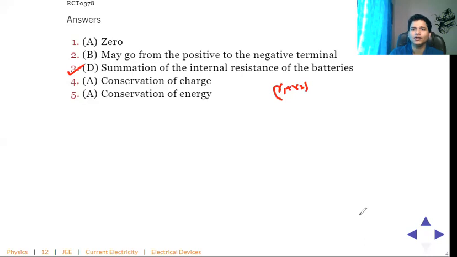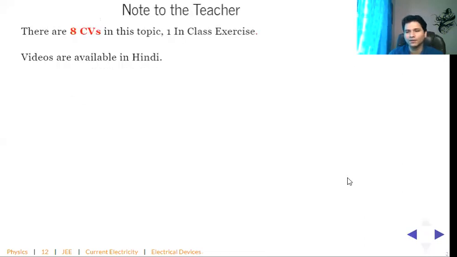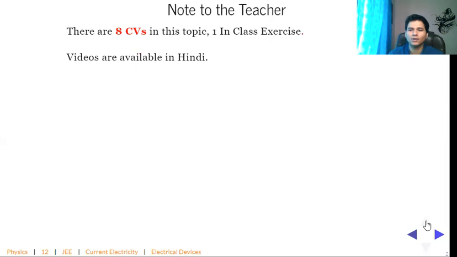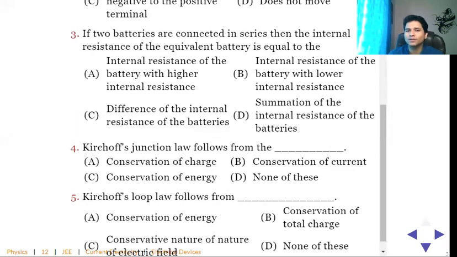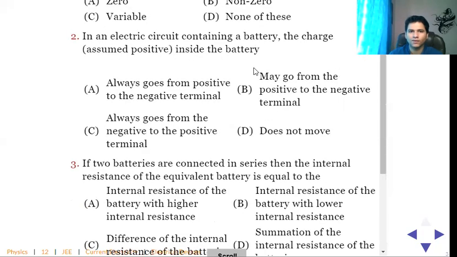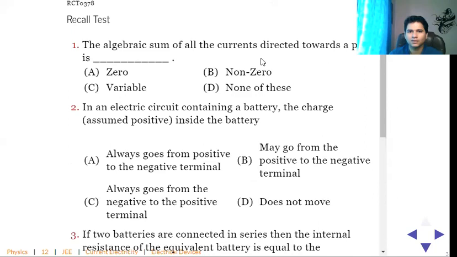Now, when you talk about fourth and fifth, think about it. When you talk about conservation of current, it is actually conservation of charge. Yes or no? Tell me. Again, when you talk about the first one, it is a net.